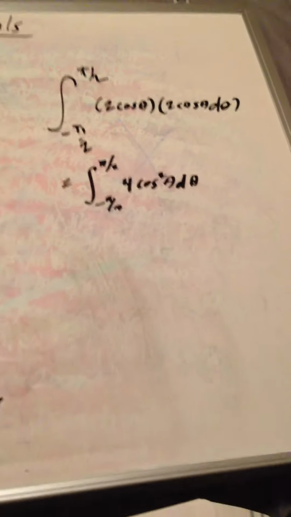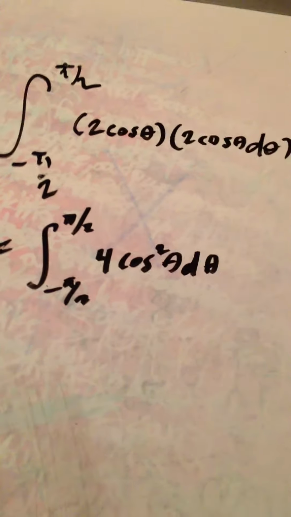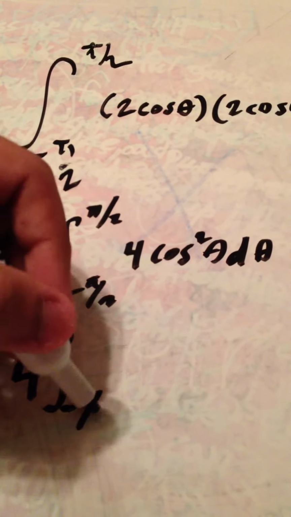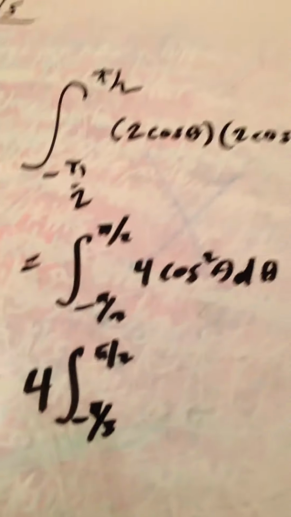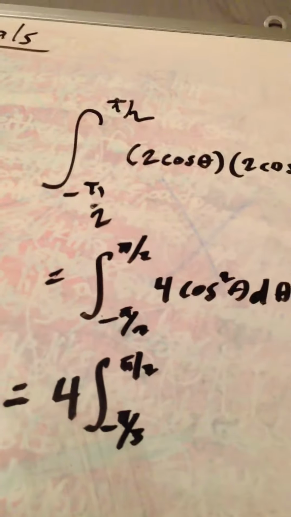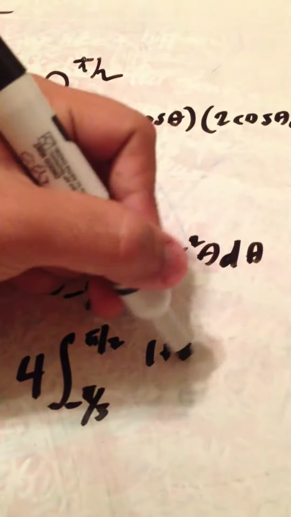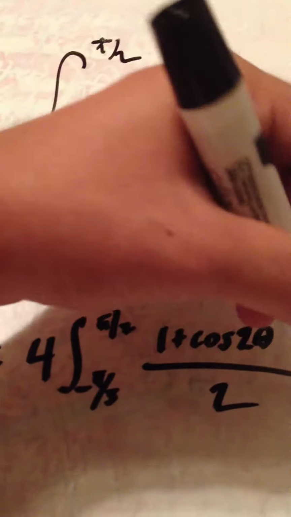Once we arrive there, all we need to do is simplify past that point. First of all, factor out the 4, with limits -pi/2 to pi/2. Then we notice that cosine squared theta d theta is, by trigonometric identities, (1 plus cosine of 2 theta) over 2 d theta.